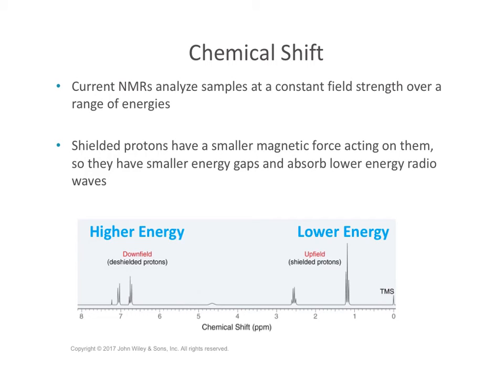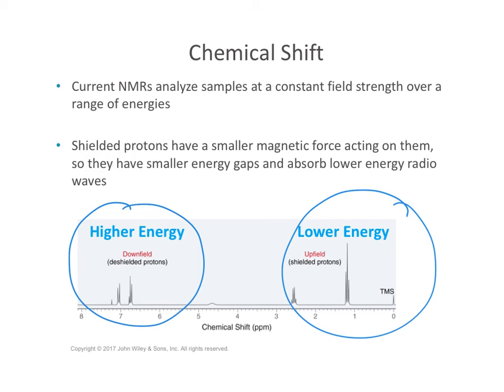And as a result, there's a smaller energy gap between the low and high energy spin states, and therefore it requires less radio energy to flip the spin states. And therefore those protons are going to show up upfield versus protons that are deshielded, which means they experience more of an external magnetic field, which means they require more energy to flip their spin state from the alpha to the beta, and those will show up downfield in this area.